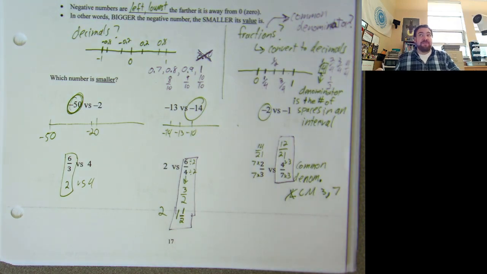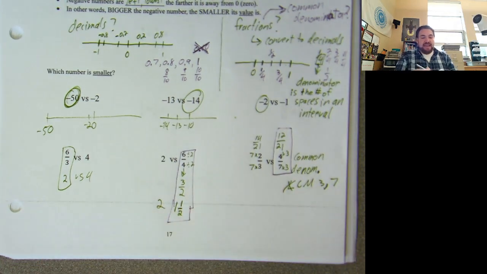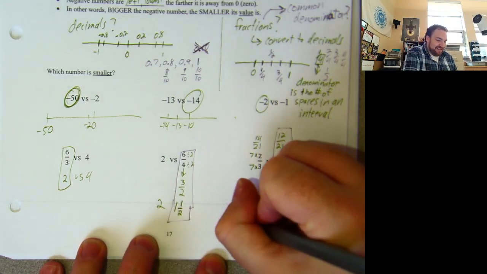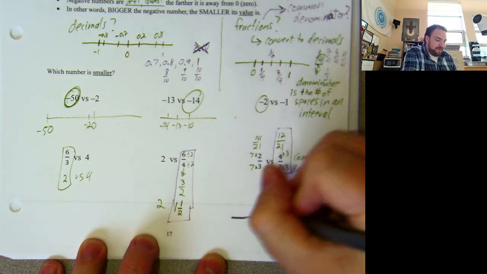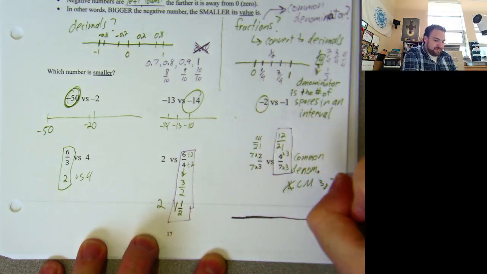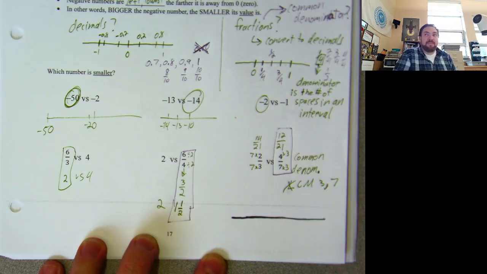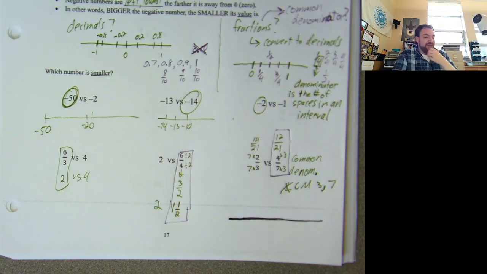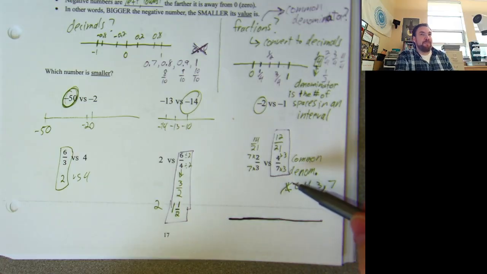Here's the other way, for those of you who want to throw things on a number line. If you're like, I hate math, I want to go into the trades, this is the one part of math you absolutely have to do. So let's take a look at these. We're going to break up a number line. 2/3 and 4/7 are both proper fractions.